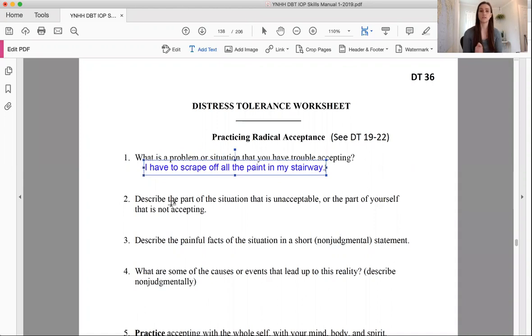Now, step 2, we're going to describe the part of the situation that's unacceptable, or the part of ourselves that isn't accepting. So the thing here is in this situation, the part of myself that was not accepting was that I had a lot of judgments about how walls should be prepped and how they shouldn't be prepped. So I had the judgment, or the should, that if I was going to paint a wall that had wallpaper on it, I would have never just painted over the wallpaper.